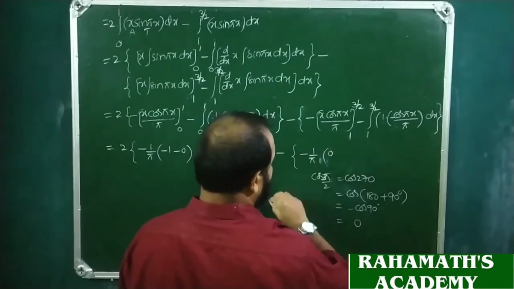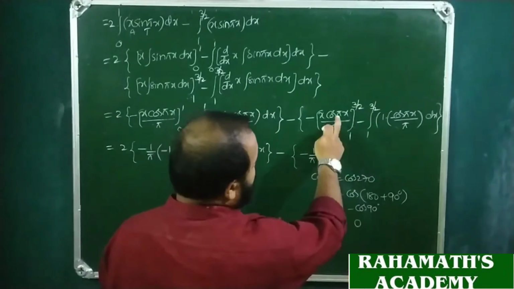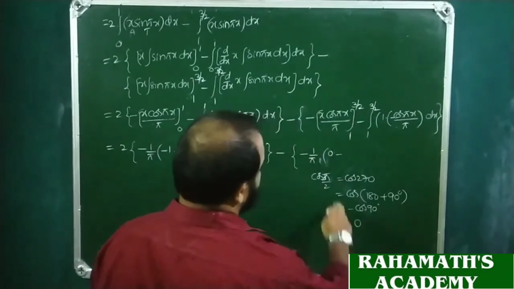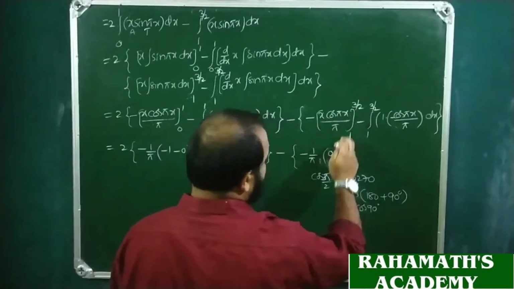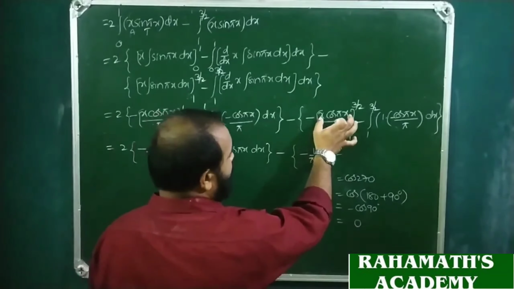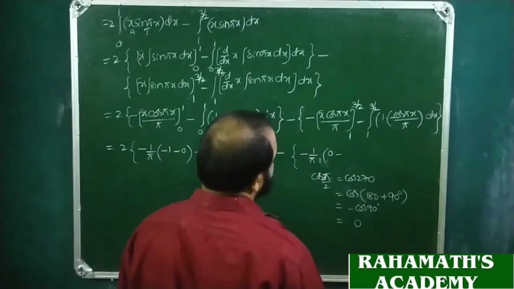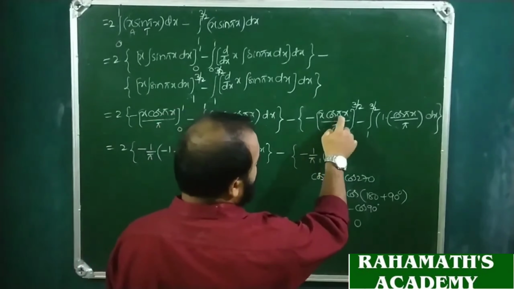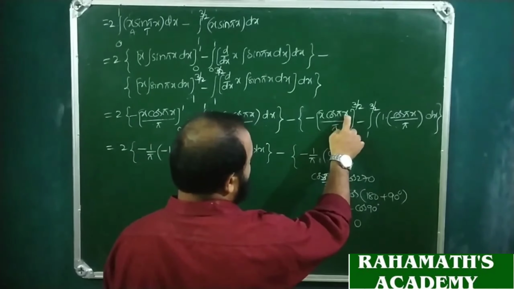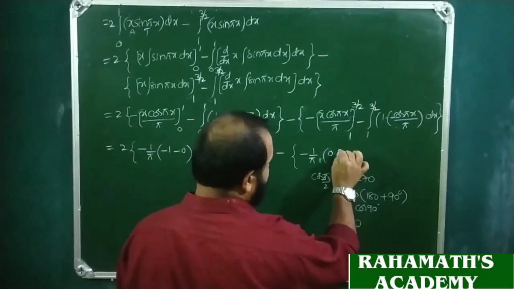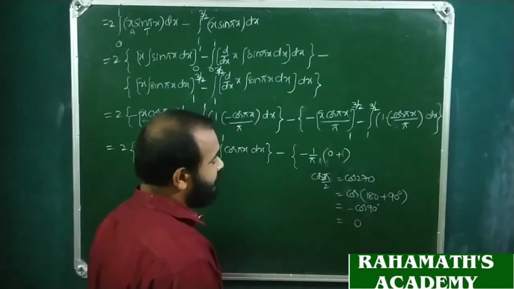So this is minus 1 by pi. Cos pi into 3 by 2 is 0, minus cos pi into 1. Cos pi value is minus 1. So minus of minus plus 1.